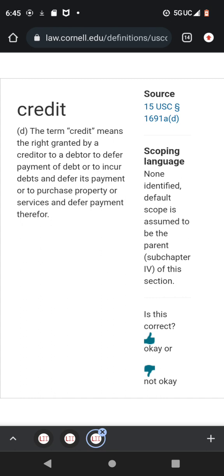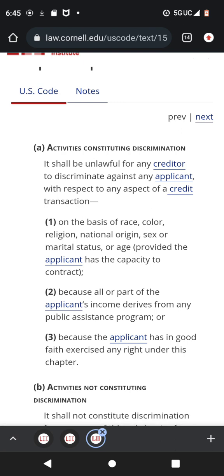Okay, now let's see what credit is. The term credit means the right granted by a creditor to a debtor, because we are acting in a debtor capacity. So we know they are the creditors, we are the debtors, to defer payment of a debt or to incur debt and defer its payment or to purchase property or services and defer payment therefor.